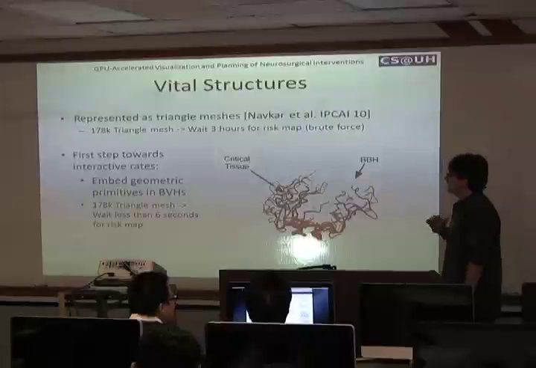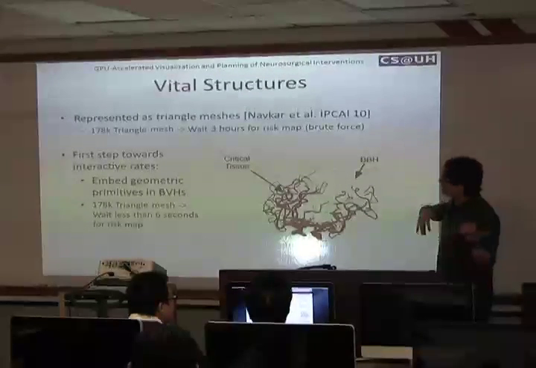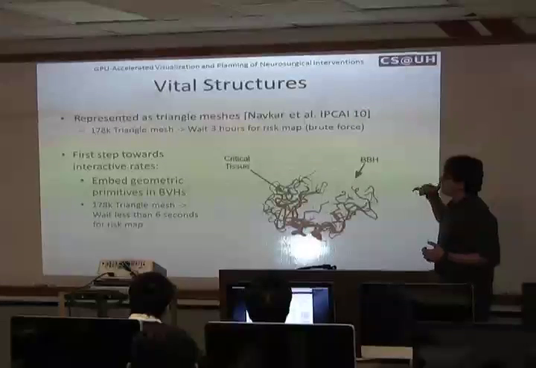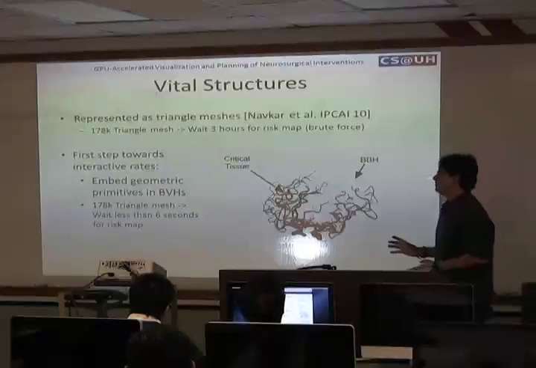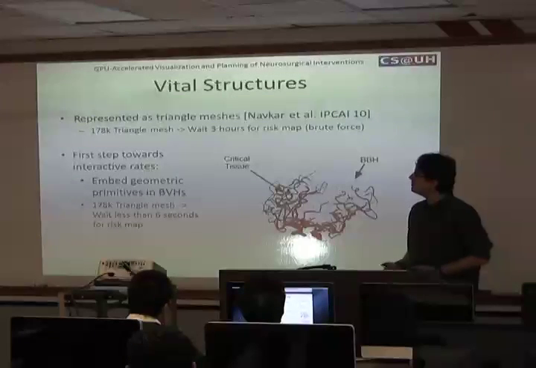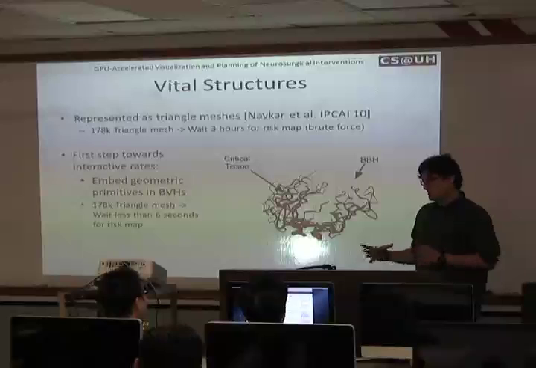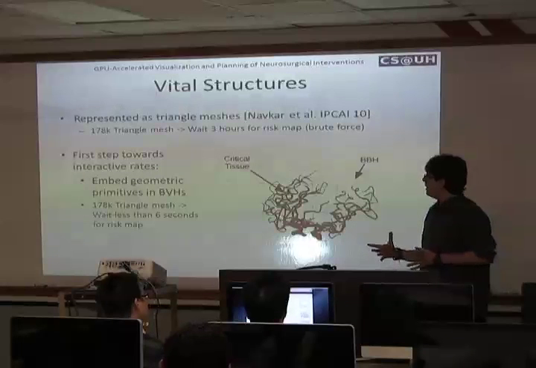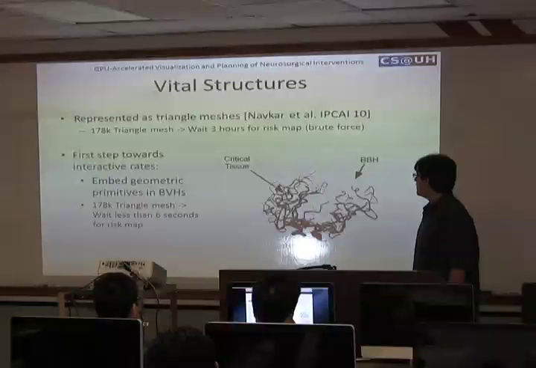Our base work is from a lab mate, and the computational framework they proposed for computing the grid maps is naive. Computing a single grid map for a medium-sized mesh takes 3 hours.